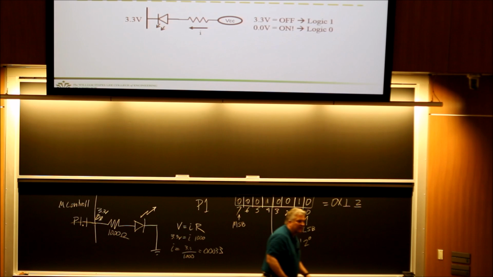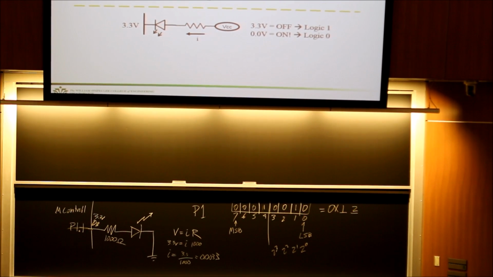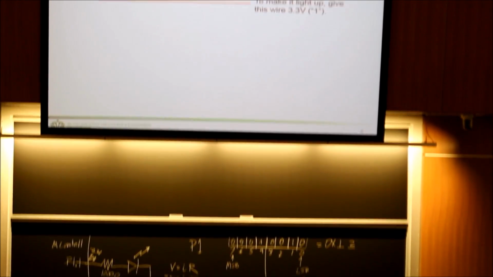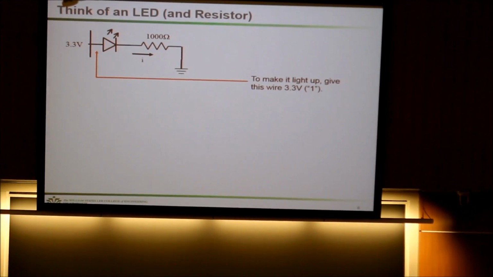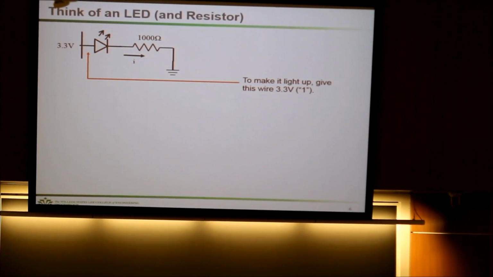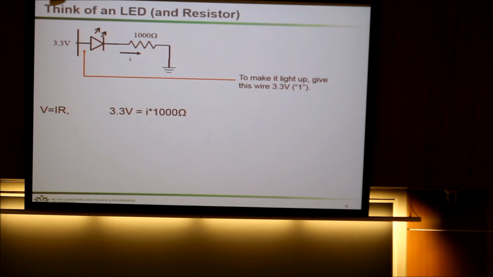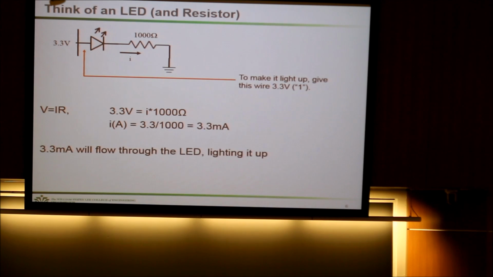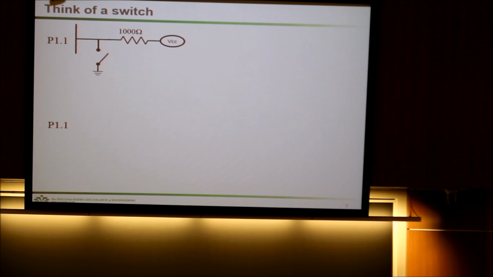So let's take a look in a little bit more detail about how to implement that. And this is basically the concept of lab number 2. So if you want to make it light up, 3.3 volts, we did that calculation. And, so I did all this on the board and I had it on the slide. There you go. At least you could keep track of it.